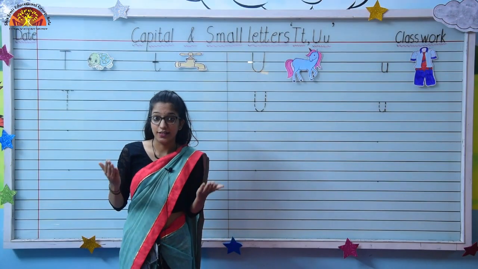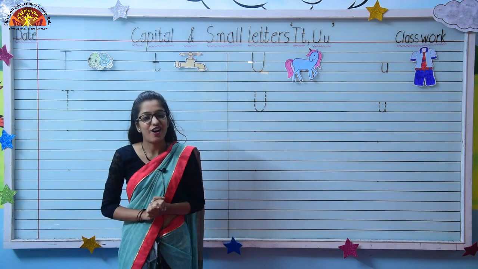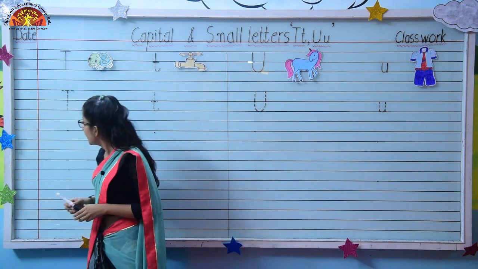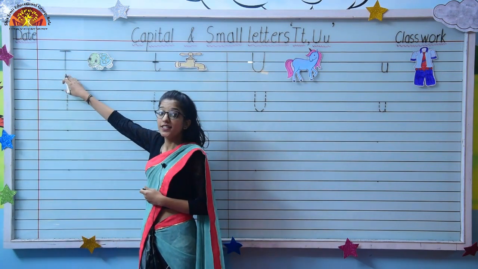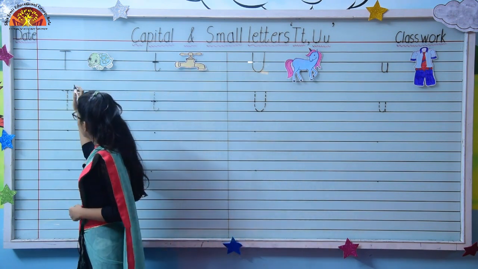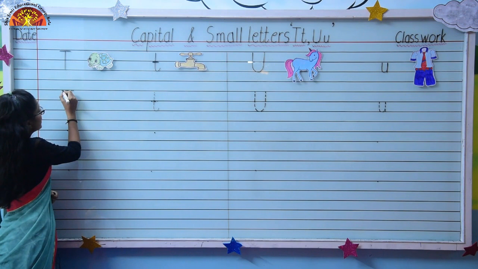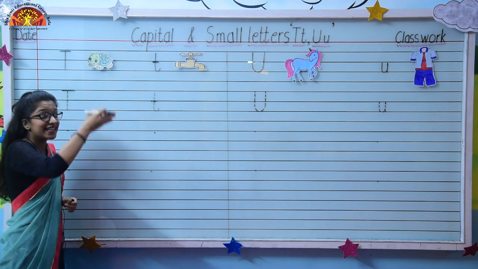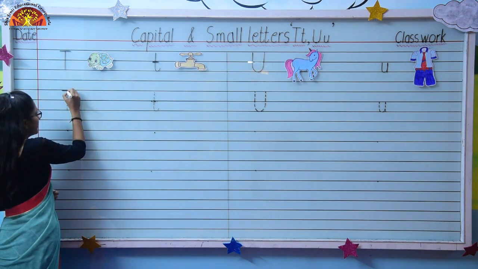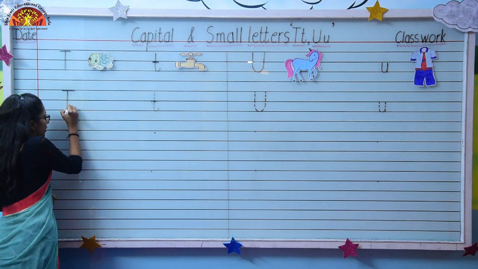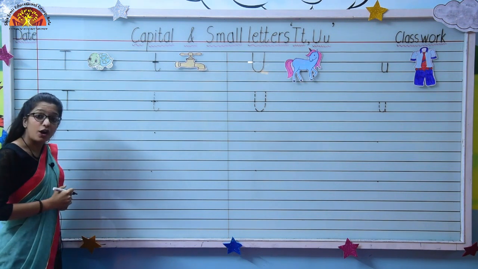After this we will do the tracing part of capital letter T first. Look here kids. This is capital letter T. First we have to draw a sleeping line on the first line like this. Then we have to draw one standing line. You have to touch these lines properly.